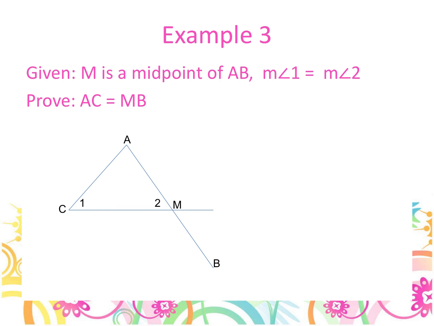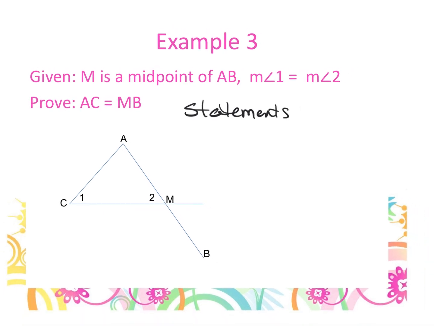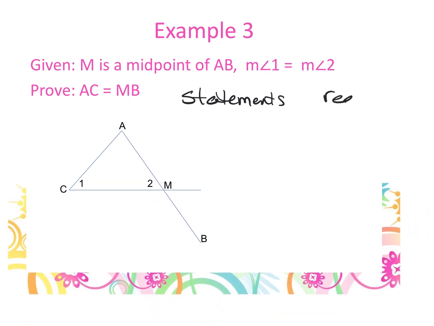Okay, example 3. Again, they're asking us to prove, so we're going to write our 2-column proof. Let me set up my statements and my reasons. More than likely, you will have 2 proofs on your test because there are so many different shortcuts we're going to be covering.